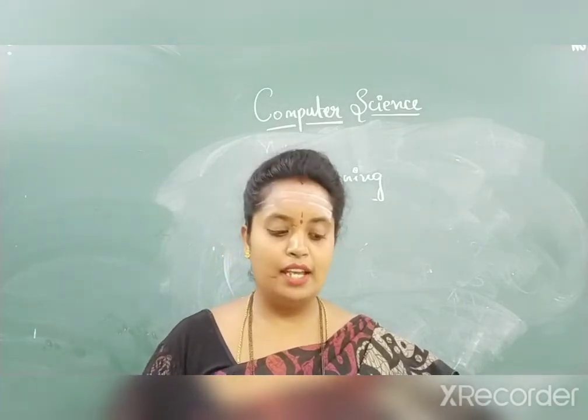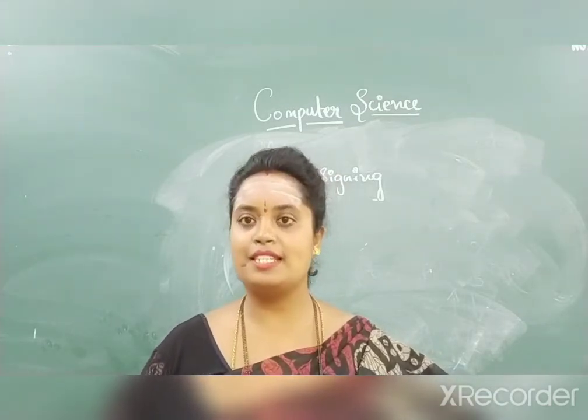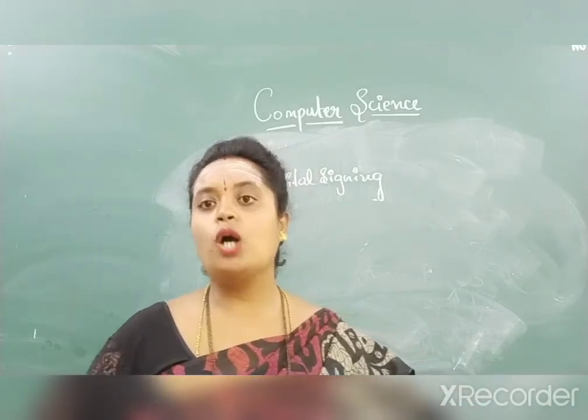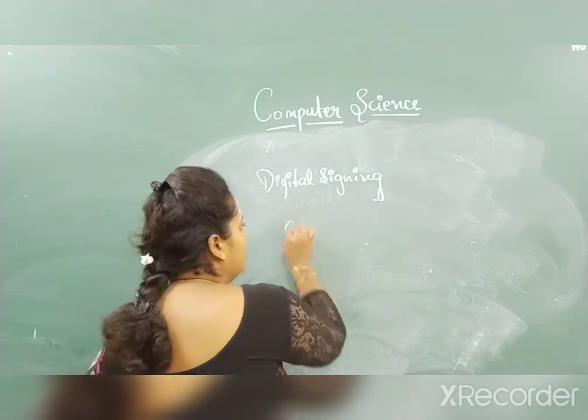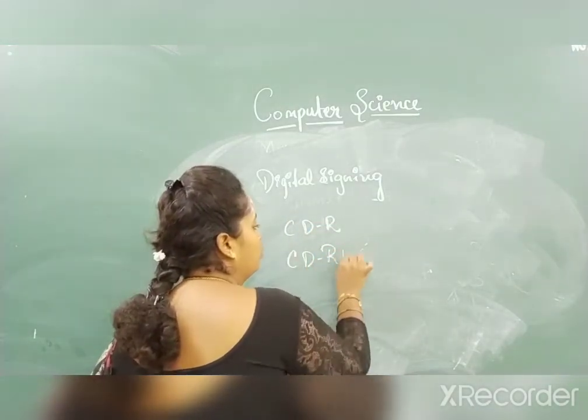Understand? Yes. Next comes your CD. What is the CD? Many would have seen a CD. CD is your compact disc. You have two types, CD-R and CD-RW.